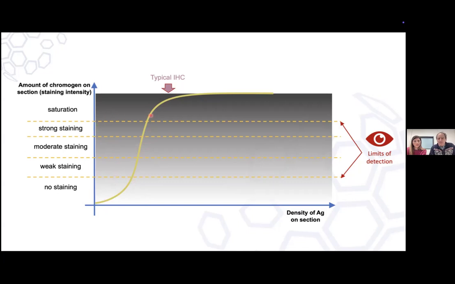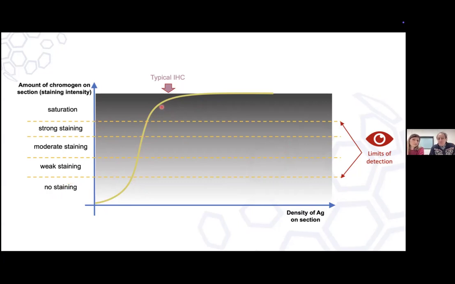And the measuring is our eyes. And our eyes, pathologist eyes, go, as we said, in pluses, 1+, 2+, 3+, or nothing, 0. 0 means I can't see anything. It doesn't mean there is no staining. It's just below the lower limit of detection, which is here.